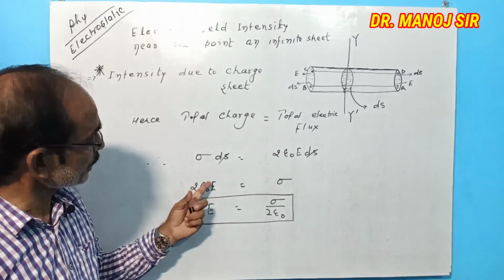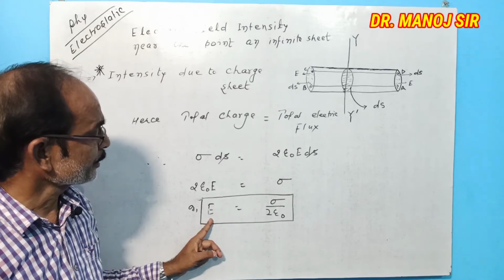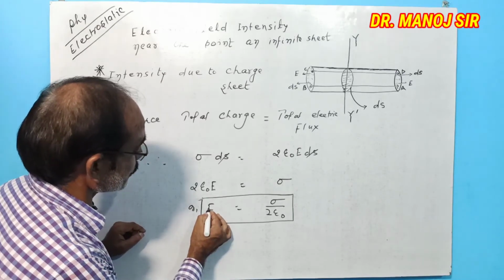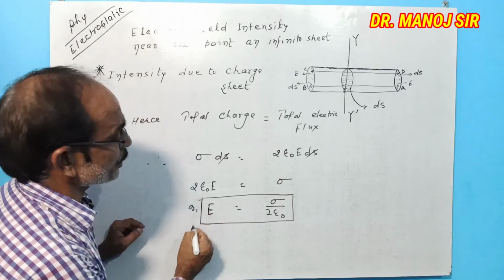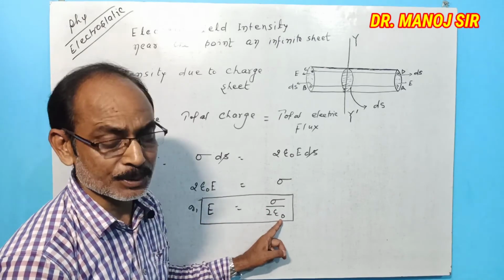So the resultant at any point, the electric intensity, is equal to sigma upon 2 epsilon naught.